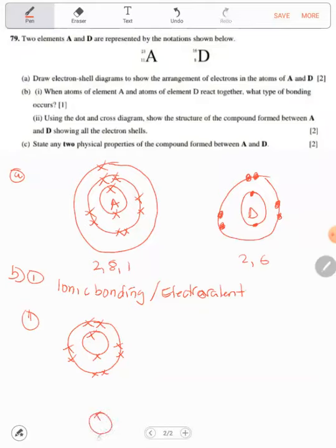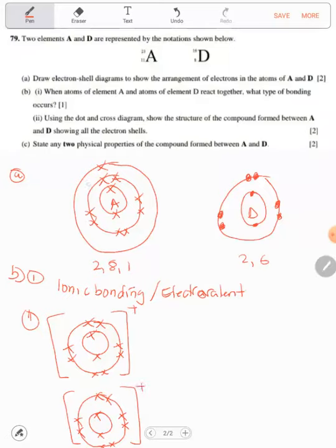I'll show a symbol that it has lost an electron.